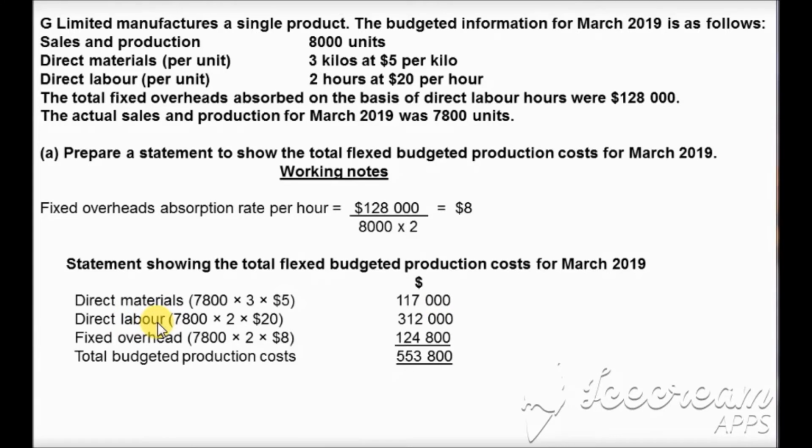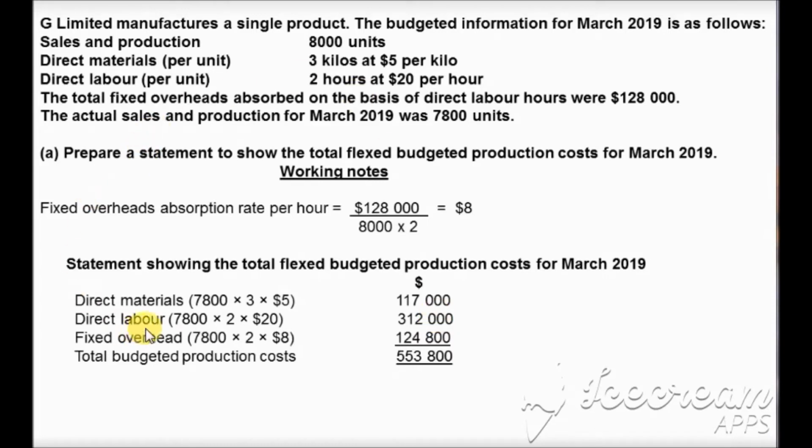Then for direct labor, the actual units produced and sold were 7,800 units times 2, which is the 2 hours required for 1 unit, times 20, which is the wage rate for the labor. So this will be equal to $312,000.